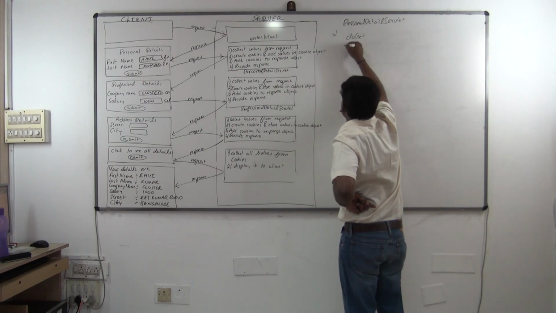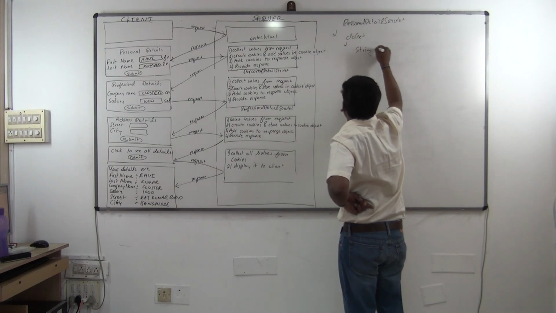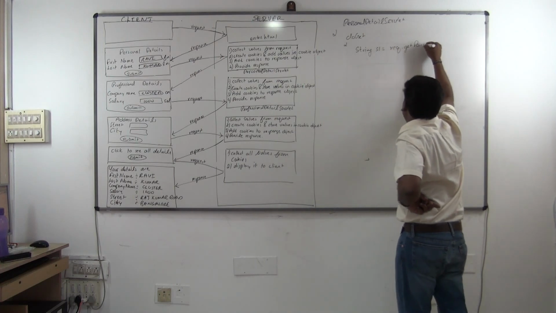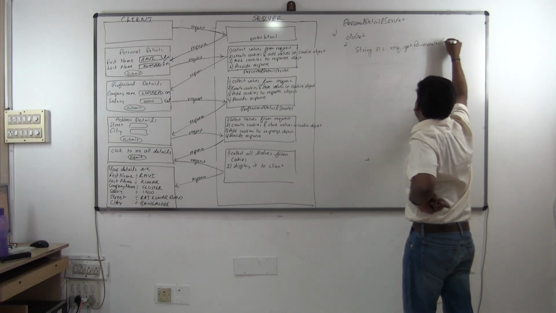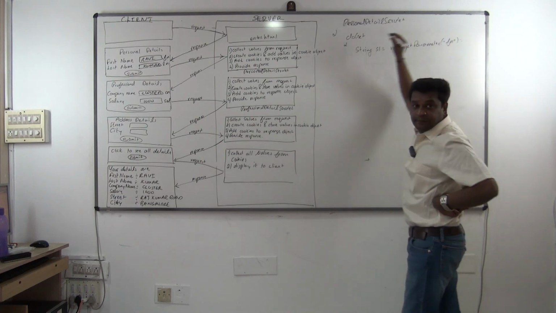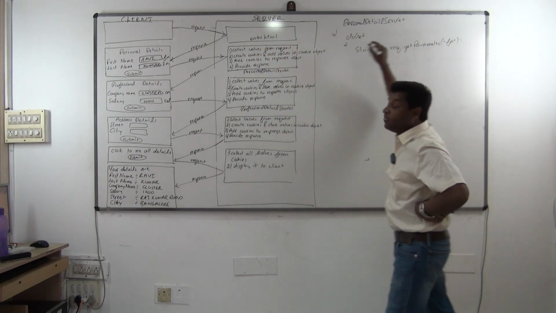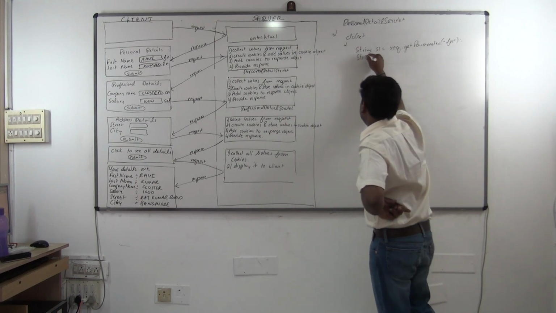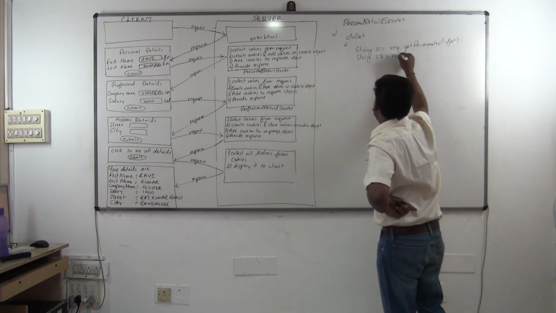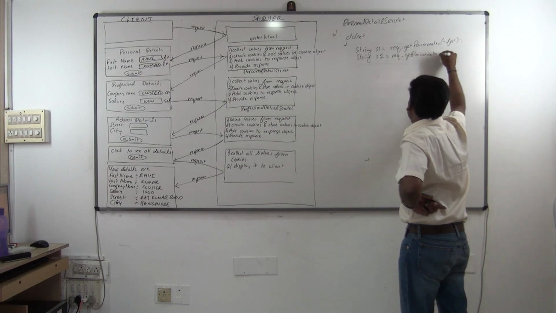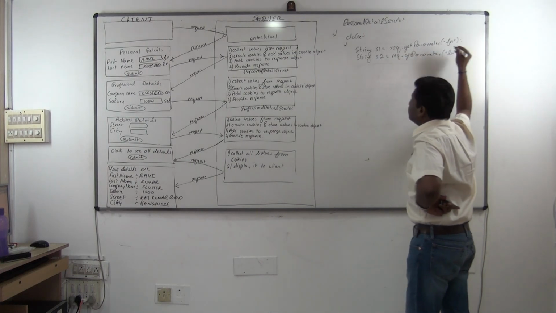In doGet, String s1 is equal to request dot get parameter of which one now? Fn. Yes or no? How will you collect the request values? Request dot get parameter of Fn. Similarly, you will say what? String s2 is equal to request dot get parameter of Ln. So I got the request values.